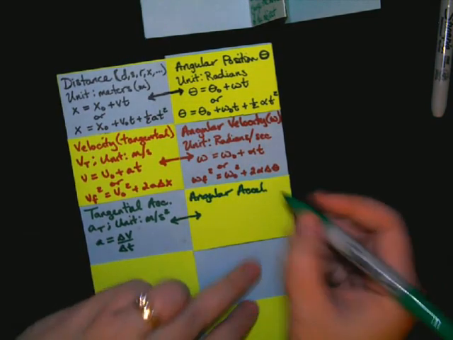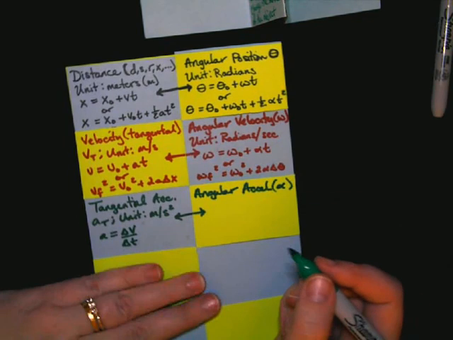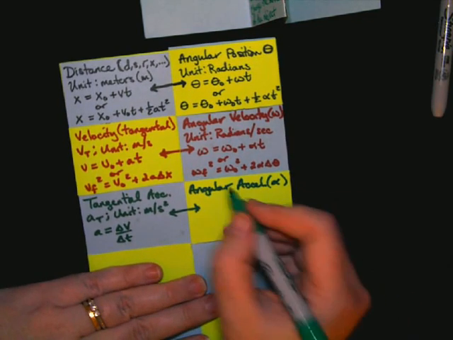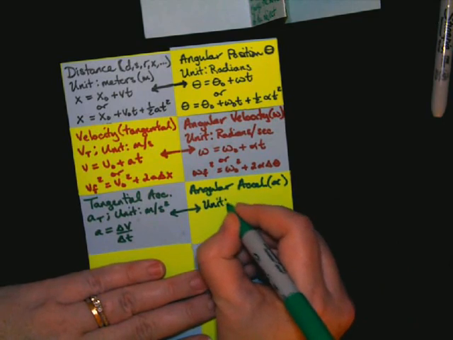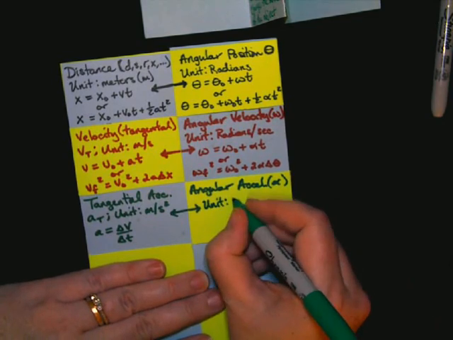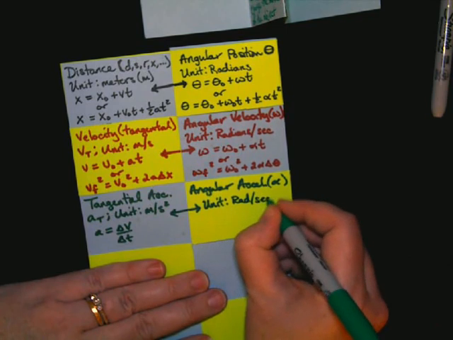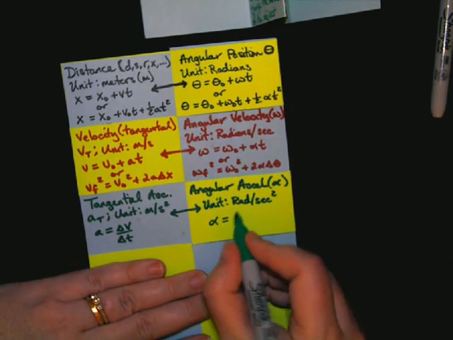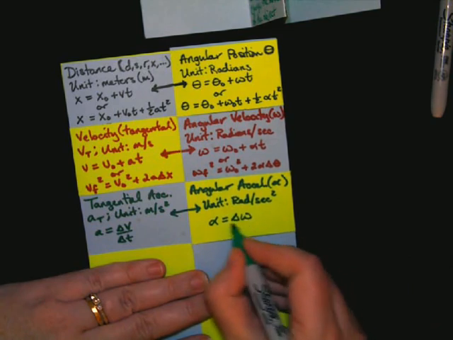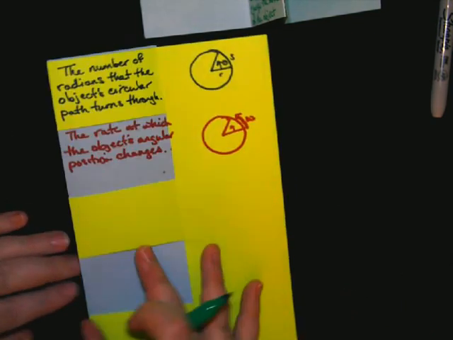And like I said before, that is alpha. So alpha, or the fish symbol, is our angular acceleration. So this is our unit. And probably, again, you can make the prediction that this is going to be radians per second squared. And so then my equation, again, is alpha, but now it's delta omega over delta t.